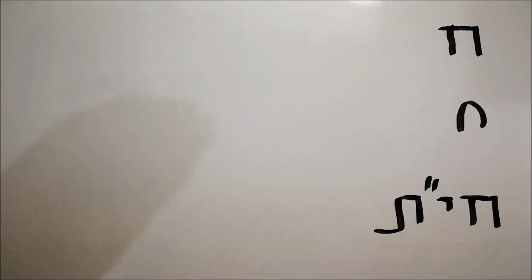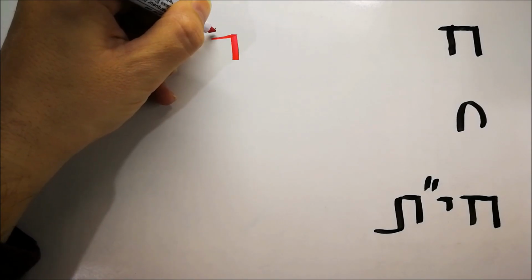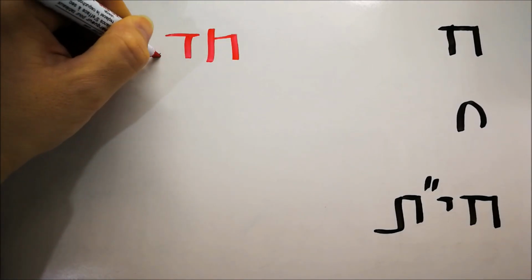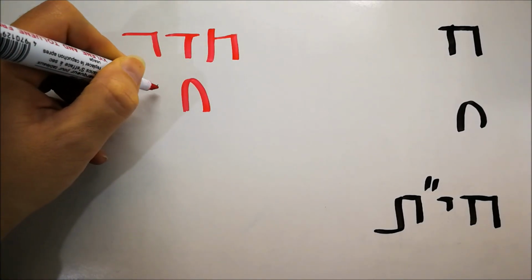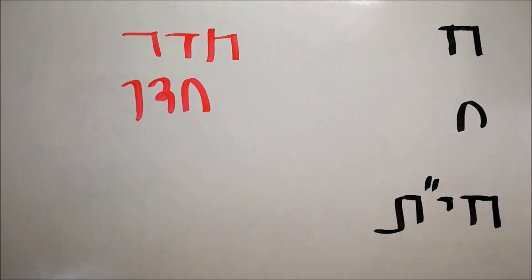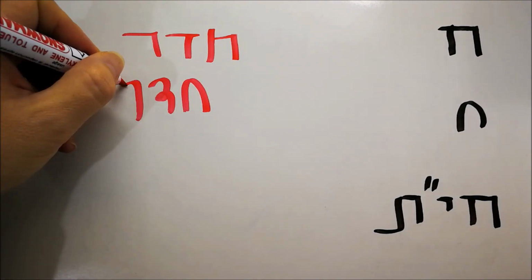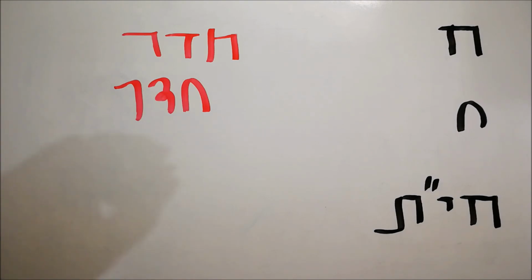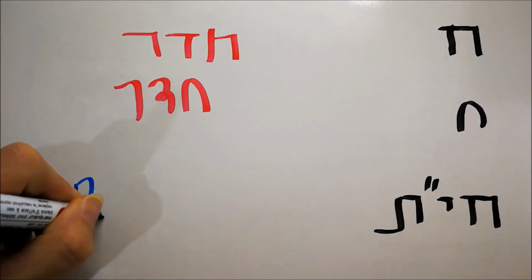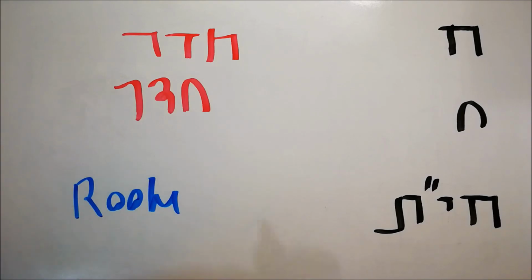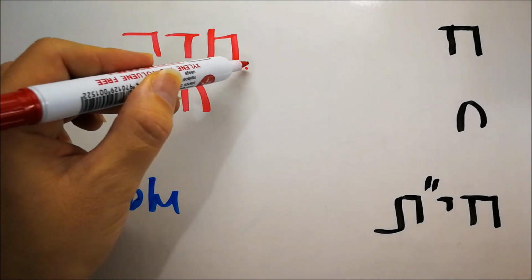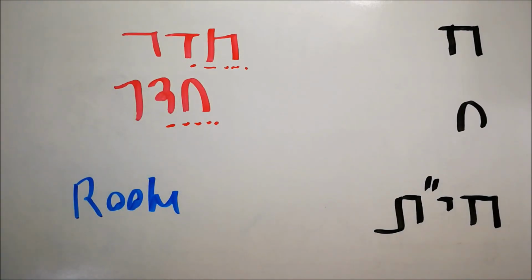A word example for the letter Chet is Cheder. Cheder means room in English. Notice the chet at the beginning of the word.